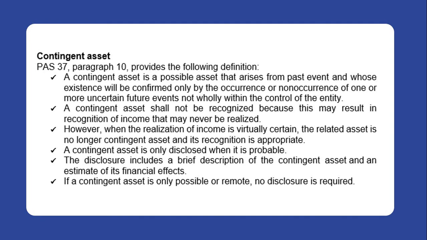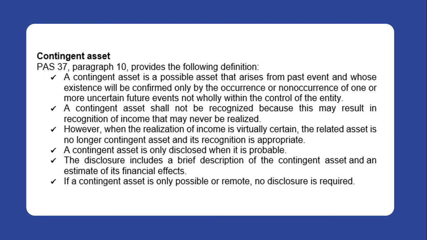So the treatment of a contingent asset: it is only required to be disclosed when it is probable. Okay? So, when the chance of occurrence is probable, then it is required to be disclosed. But for a contingent asset that is only possible or remote, there is no disclosure required.